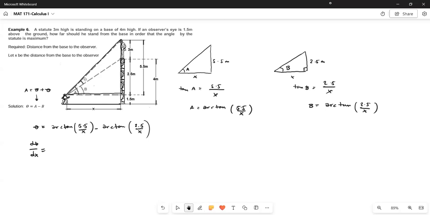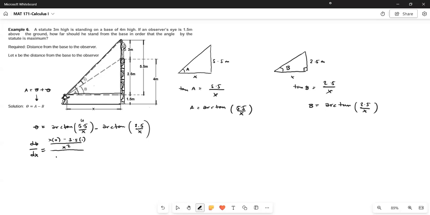So first term natin, ang formula natin dyan is derivative nung nasa loob o yung u. Ito yung u natin. Anong derivative niyan? Yan ay x times 0 minus 5.5 times 1 over x squared.